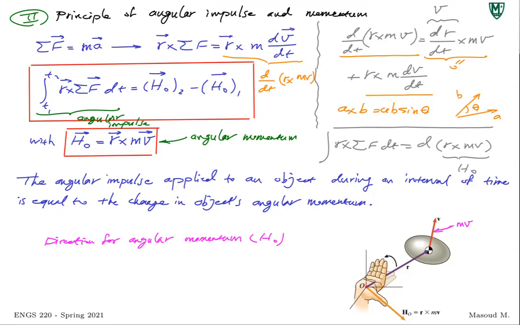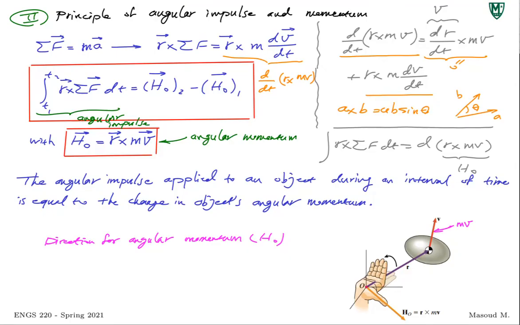Now, putting this principle into words, the angular impulse applied to an object during an interval of time is equal to the change in the object's angular momentum. We said angular momentum is a vector because it's the result of the cross product of two vectors, r and mv. And to find the direction of angular momentum, we use the right-hand rule. As long as you know r is a vector, v is a vector, m is just a constant, so mv and v have the same direction.